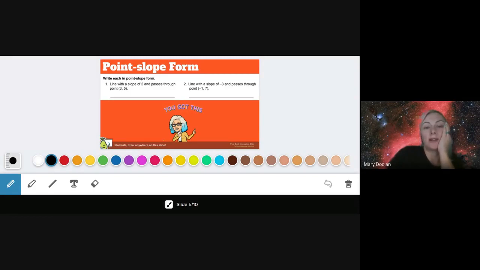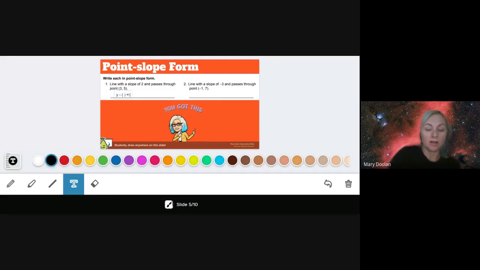We have a line with a slope of 2 and it passes through the point 3, 5. Okay, so point slope form. I am just going to type a text box right here. So basically, when you're doing point slope form, you're going to type the y minus, and I'm going to put something here. I'm just kind of filling it out before I fill it in.